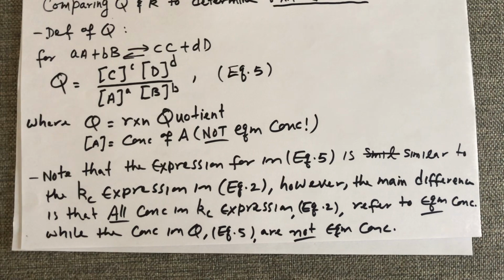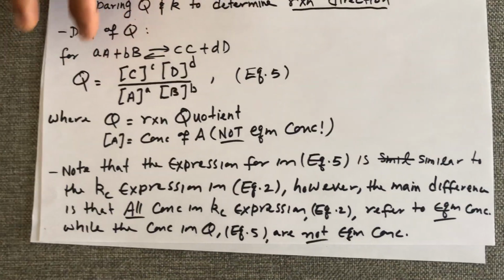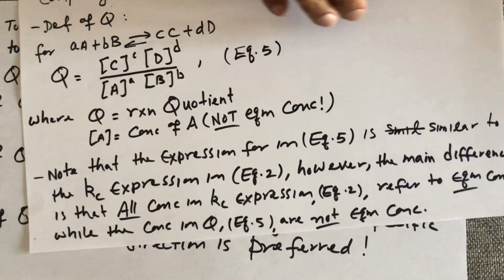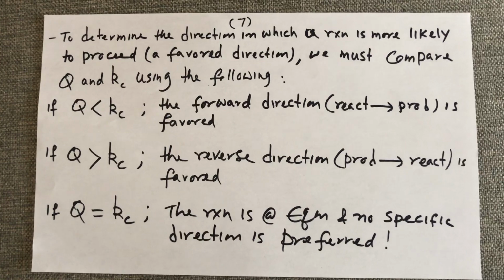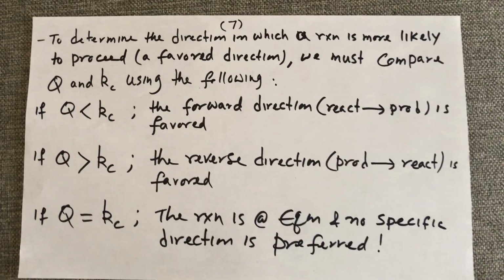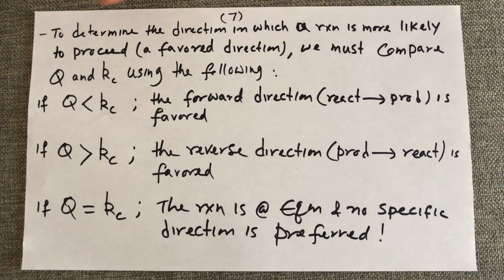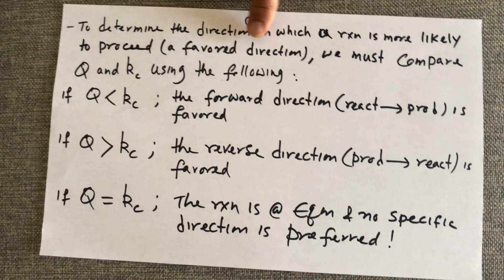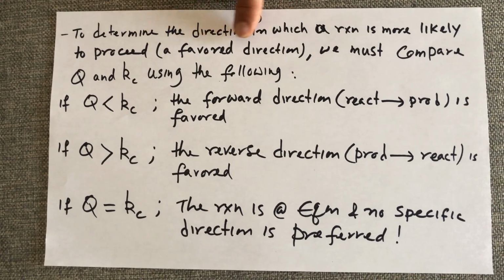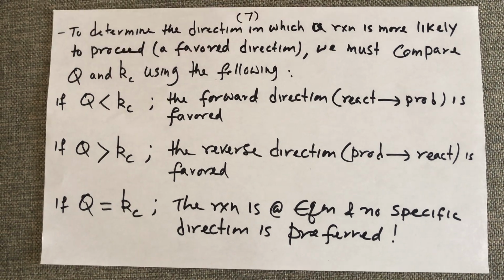And it's important to note that there's a difference between Q and K. Now, how do we use this information to determine in which direction the reaction will go? To determine the direction in which a reaction is more likely to proceed, and by that I mean which side of the chemical reaction is more favored, we have to compare Q and K.